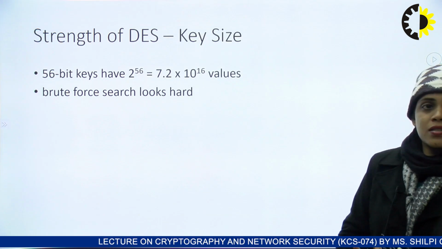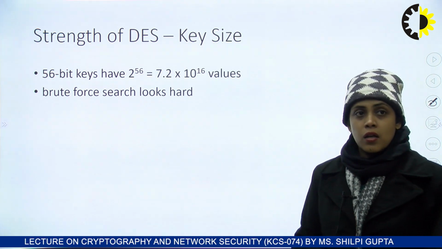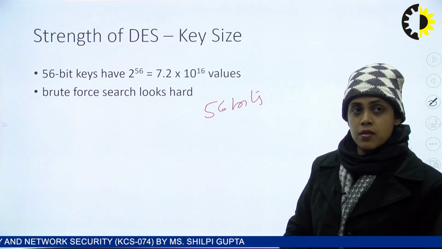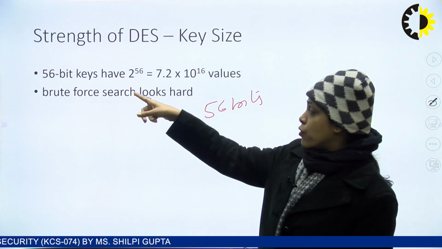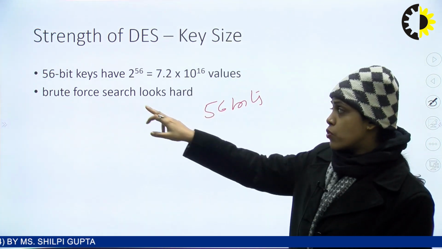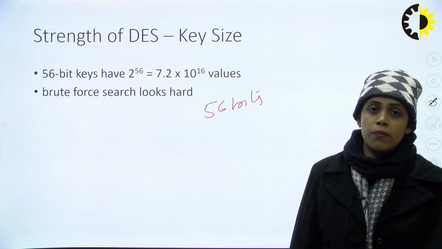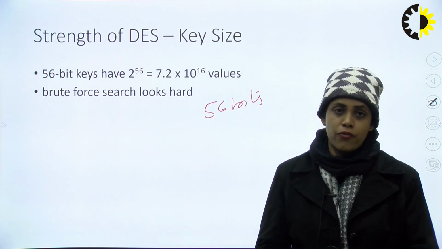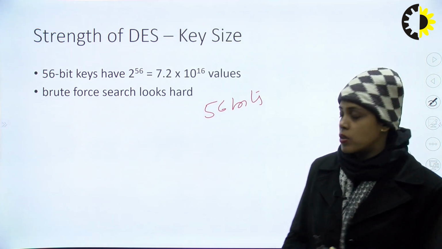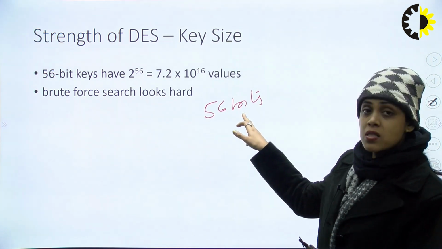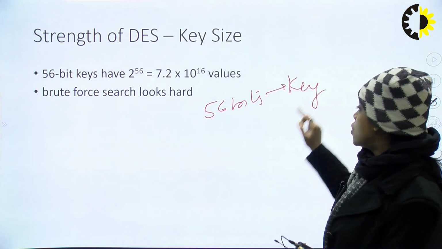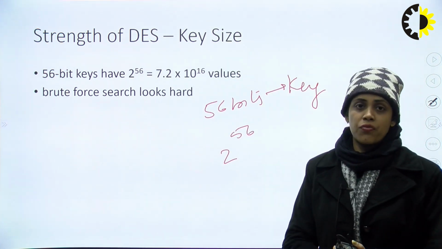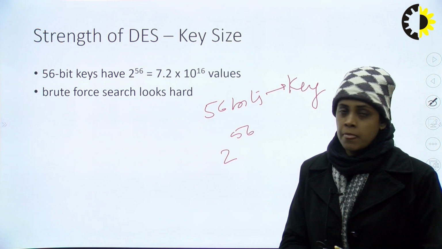The strength of DES is its key size. You know very well we are using a key of 64 bits in DES. If anyone is going to perform a brute force attack, they will keep on trying different combinations of keys to crack the information. So you can analyze that 2 raised to the power 56 combinations are there.